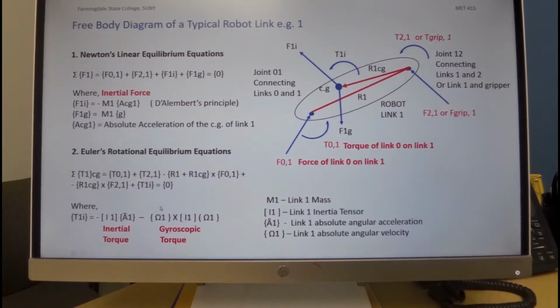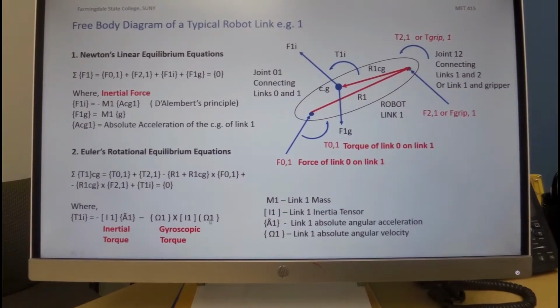Another term which is not that familiar is the second term, where we take omega, the absolute velocity of this link in space, and we have to cross it with the momentum, because the momentum may change direction, and therefore it has to be taken as part of the derivative, as we saw in earlier presentations.